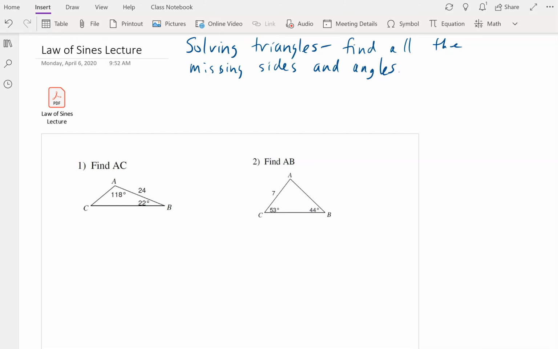Earlier in the semester, we talked about solving right triangles. So this is just an extension of that if we don't have right triangles to start with.